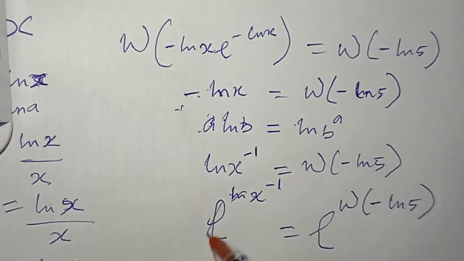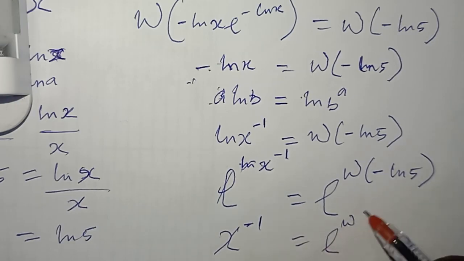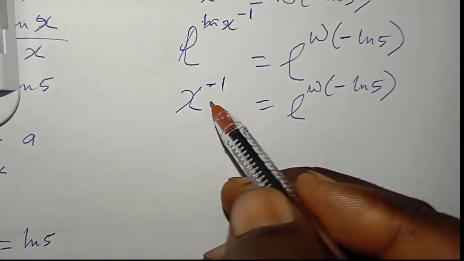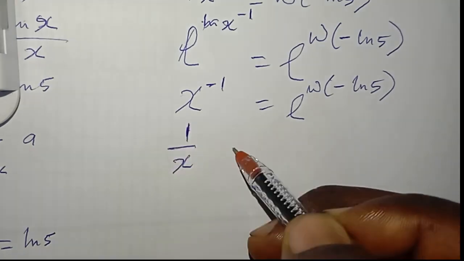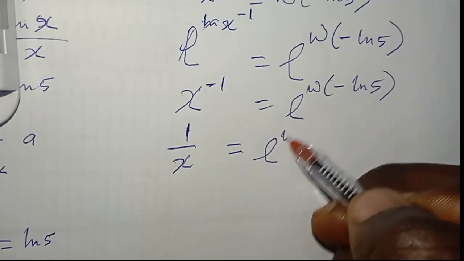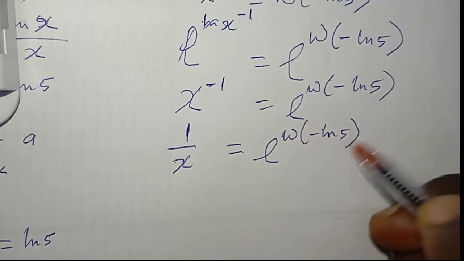Okay, so these cancel, and I'm left with x to the power -1 is equal to exponential Lambda function of negative natural log of 5. So moving on, I can also write this as 1 over x is equal to exponential Lambda function of negative natural log of 5.